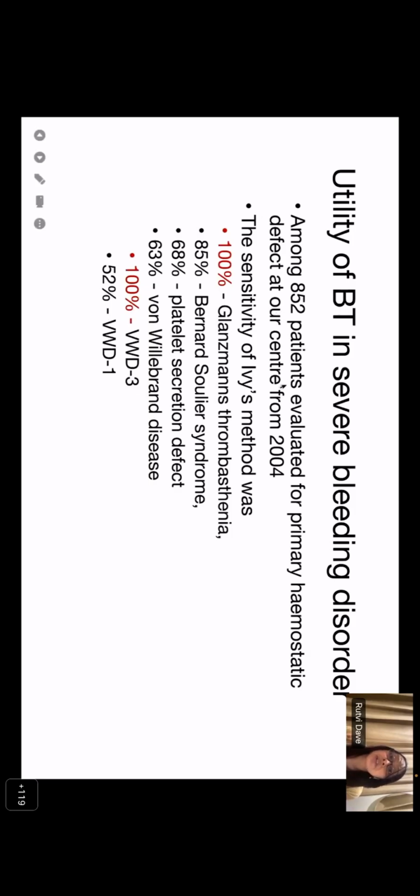in 852 patients who presented with history of bleeding and were being evaluated for primary hemostatic defect, the sensitivity of bleeding time was 100% to identify severe bleeding disorders like Glanzmann's thrombasthenia as well as type 3 von Willebrand disease, and more than 85% even for Bernard-Soulier syndrome.